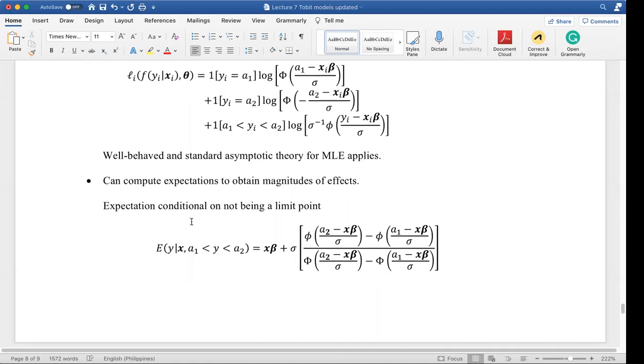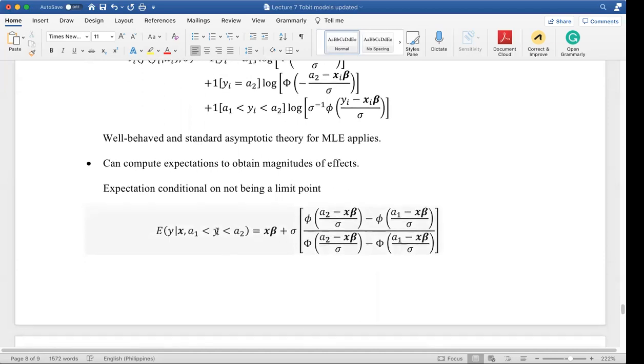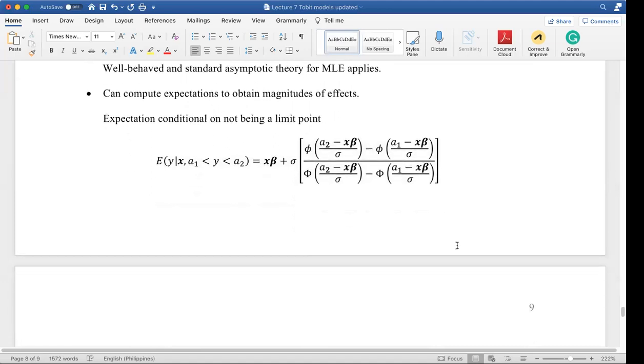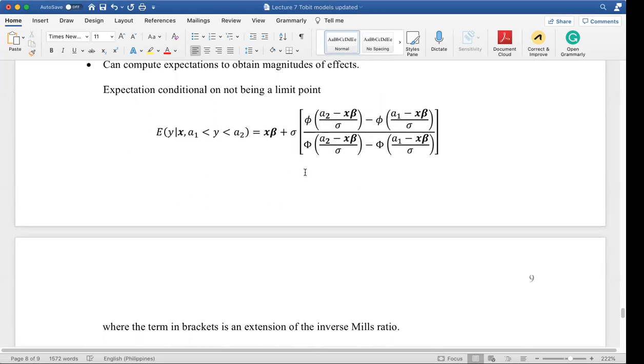Let us look at the expectation conditional on not being a limit point. That is, if y is between a sub 1 and a sub 2, then this is the expected value. Note that this right-hand side is just an extension of the inverse Mills ratio.